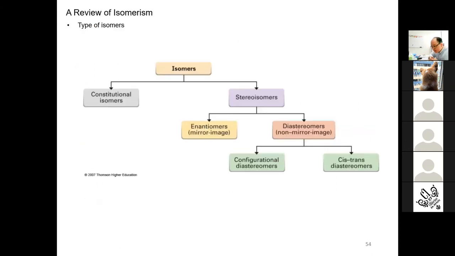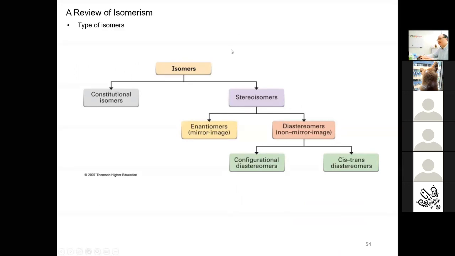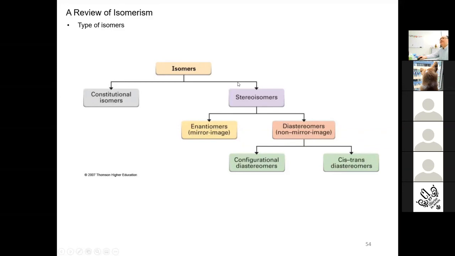All right, so we have 5 minutes left. So let's go through a very quick review of isomerism. All right. For the isomers we have learned, and you have learned previously, we have constitutional isomers and stereoisomers. For the stereoisomers, which we just learned in chapter 4, there are enantiomers, which are mirror images, and diastereomers, which are non-mirror images and have totally different physical and chemical properties.